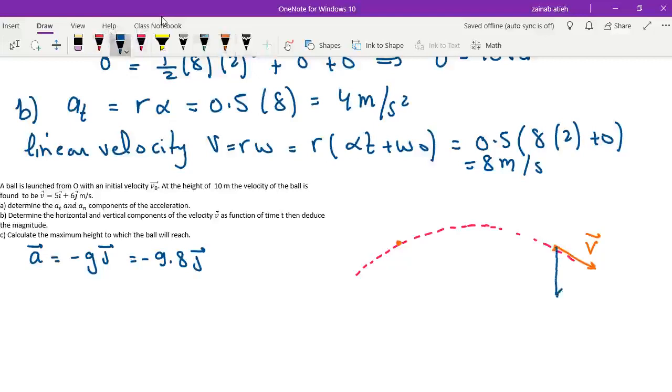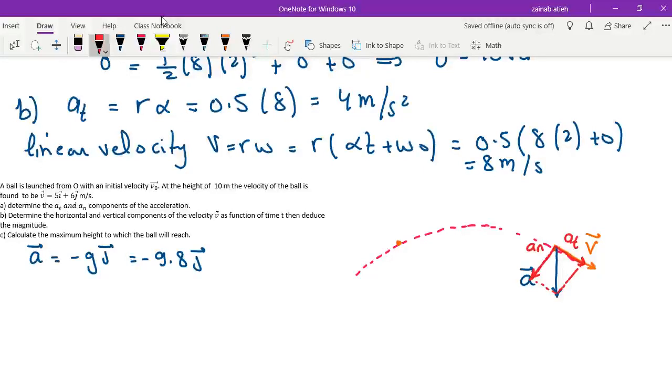The acceleration will be like this. Now you all know that I can decompose the acceleration into two parts, the normal and the tangential. The tangential component is parallel to V. This is AT. For the other part, I make 90 degrees and it is perpendicular to AT, which will be AN.